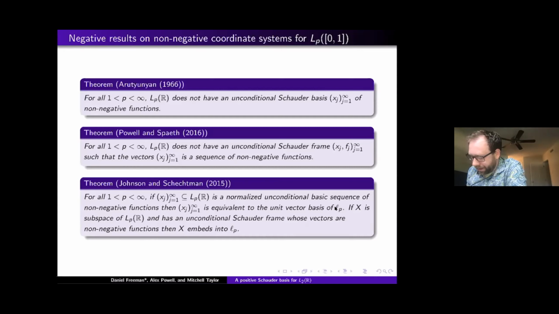Furthermore, if you have a subspace of capital LP with an unconditional Schauder frame, and the vectors are non-negative, then that subspace embeds into little LP. And so essentially the only subspaces of capital LP which can have unconditional coordinate systems are little LP, if your unconditional coordinate systems are made by positive vectors.